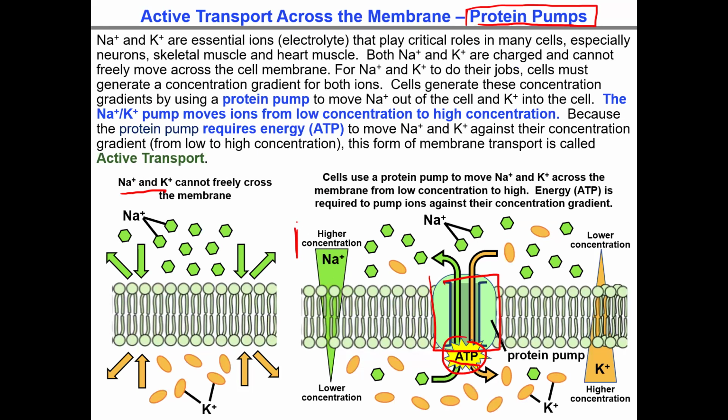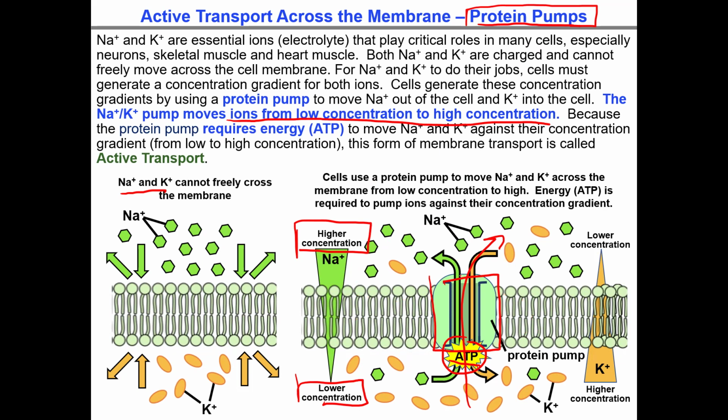So unlike diffusion, where it's going from an area of high concentration to an area of low concentration, protein pumps are going to do the opposite. They're going to move ions from low concentration to high concentration. So they're going to actively force it the other way. Naturally, it wants to go from high to low, but when it comes to protein pumps, it's going from low to high.